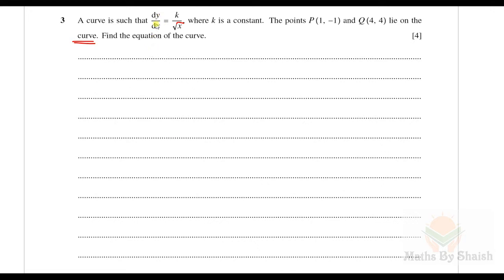If we have dy over dx is equal to any function, so from here we can directly say that y is equal to integration of the function on the right hand side, given k over root x dx, or we can rewrite it as k x to the power minus 1 by 2 dx, because root x is x to the power 1 by 2, and in the numerator it would become minus 1 by 2.